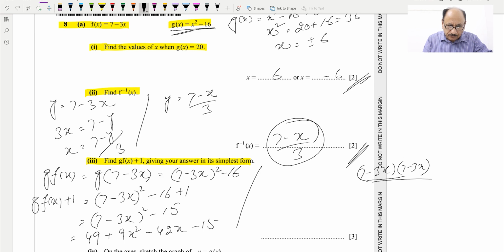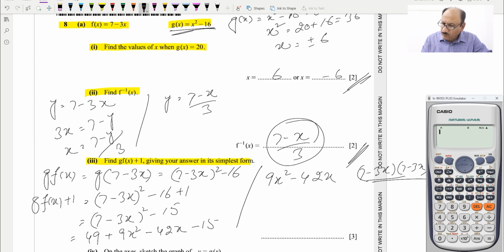Further we can just rearrange and add the like terms, so 9x square minus 42x and 49 minus 15. So 49 minus 15 will be equal to 34.